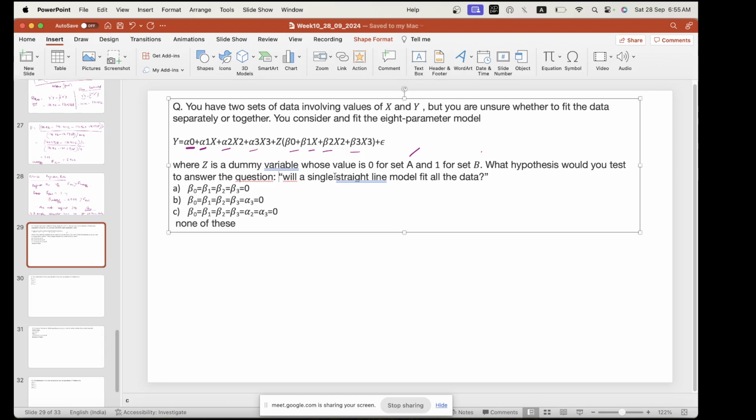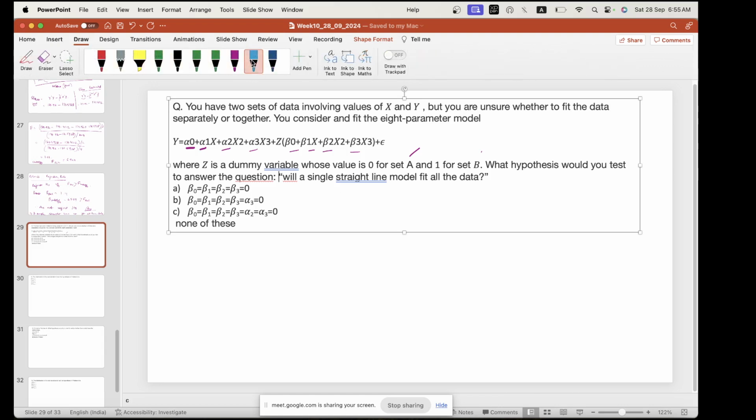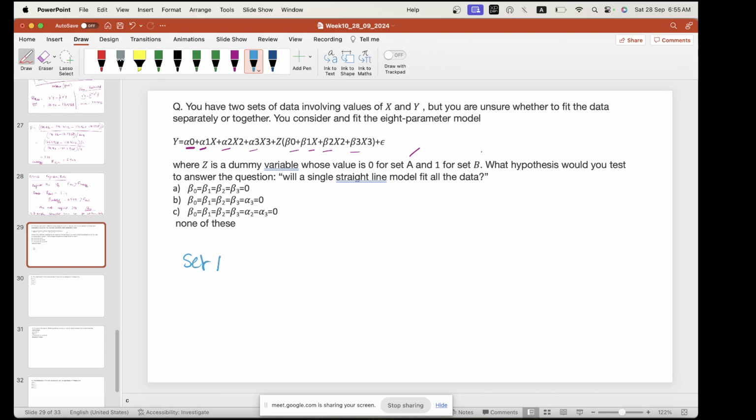Let us just write down, break it down into simpler things, even though it is understandable. If it is from set A, z is 0, then y becomes alpha naught plus alpha 1 x1 plus alpha 2 x2 plus alpha 3 x3, and z times the entire thing is 0, plus epsilon.